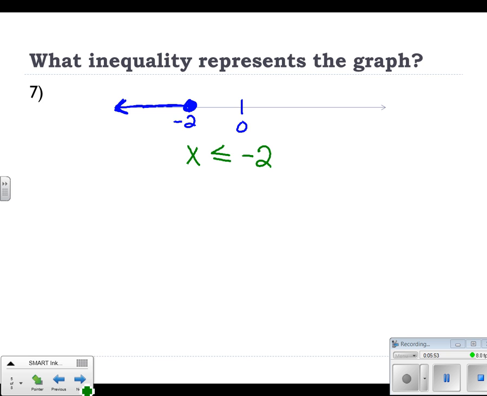That's why you have to put the line underneath the less than symbol to represent less than or equal to. On this one, I'll use x is greater than, because it's shaded to the right, 1. Can't equal 1, so it's just greater than 1.